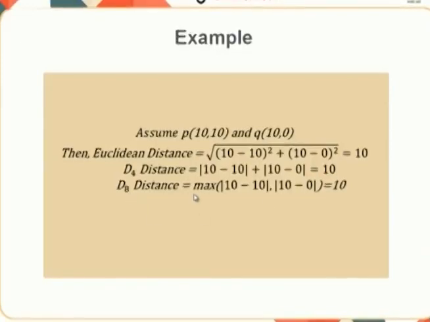Similarly, D8 distance is going to be the maximum of 10 minus 10 and 10 minus 0, which is going to be 10. Incidentally, for this problem all these distances come out the same, but it need not necessarily be so for all circumstances. In some cases it may vary also.